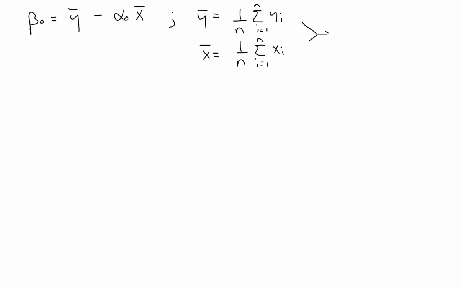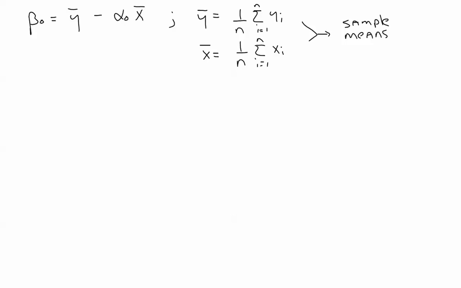These two are called sample means. Just take my y data values, add them up, divide by the number of points. That's the mean of the samples I have for y. Likewise for x, I add up all my x values, divide by the number of data points, and I get a mean of the sample values in x. Okay?